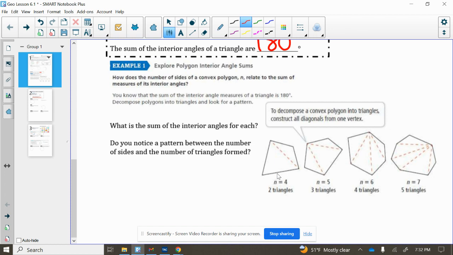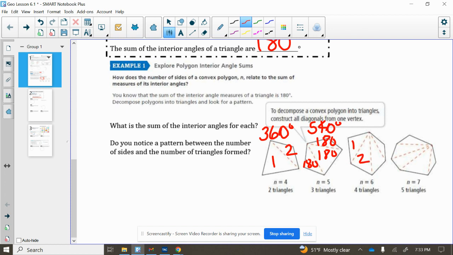So for instance, this quadrilateral, a four-sided figure, where n means number of sides, you can draw in two triangles, which means 180 plus 180, there's a total of 360 degrees. Or if we draw in 1, 2, 3 triangles in a pentagon, a five-sided figure, there would be a total of 540 degrees in that figure.